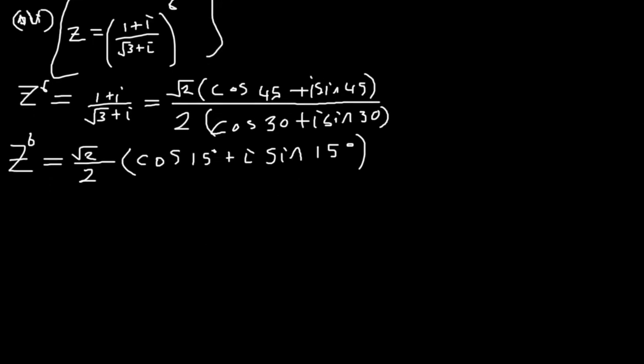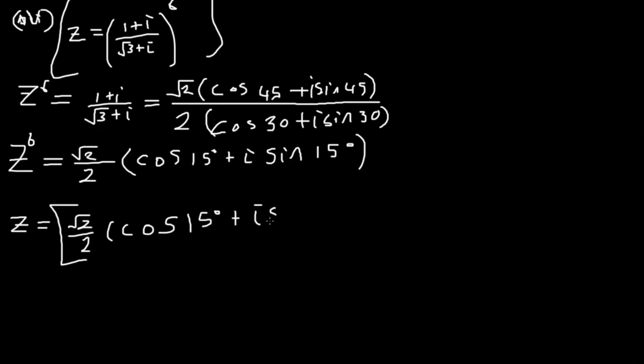So how do you do it? You say Z will now be equal to, you open these curly brackets, then root 2 over 2, and then open these brackets, cos 15 degrees plus i sine 15 degrees, close brackets, and then everything to the power 1 over 6.